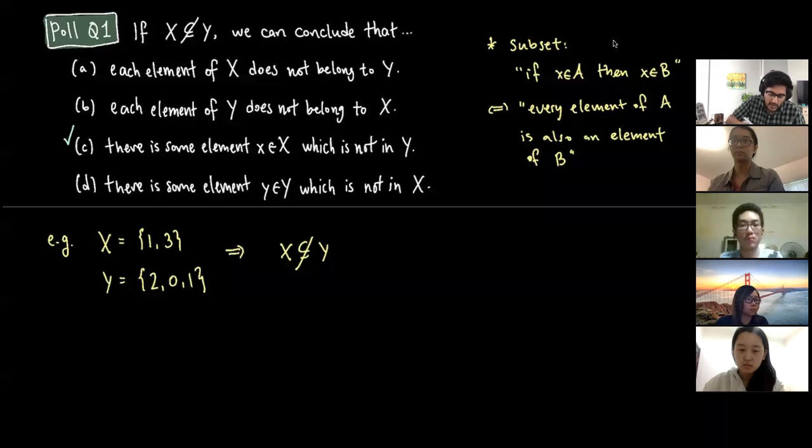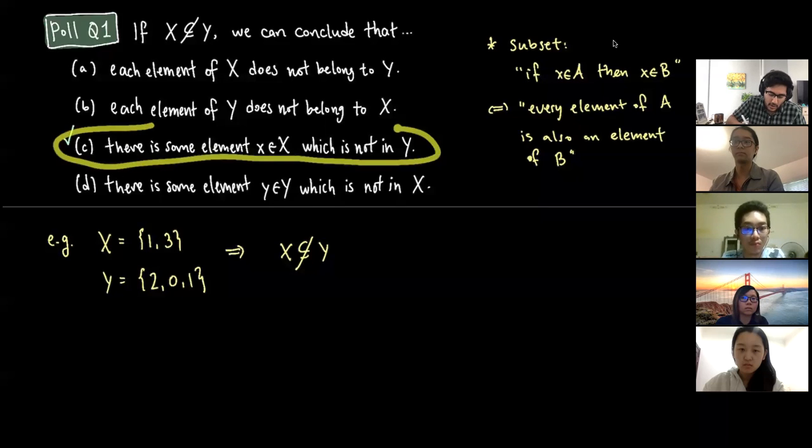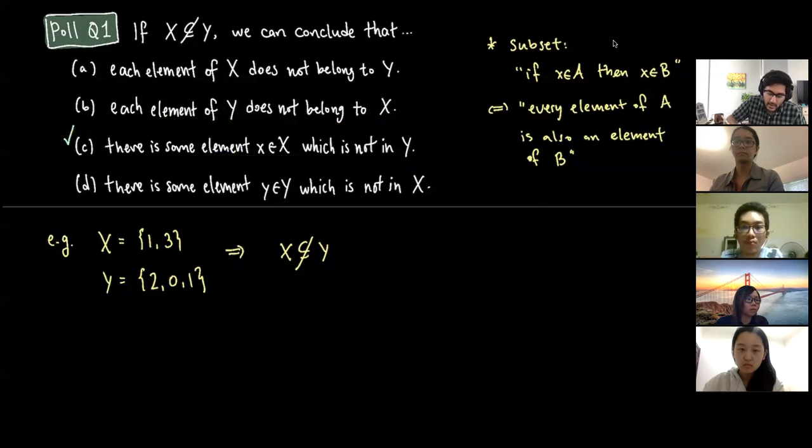So you can see why C is true, but why is A false? A is saying that every element of X is not an element of Y. And that's actually not true.